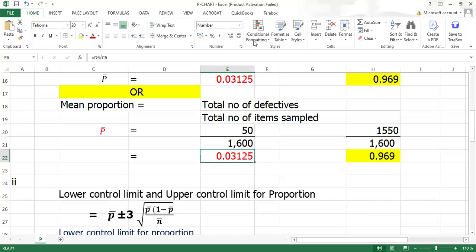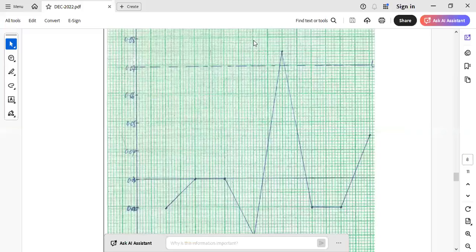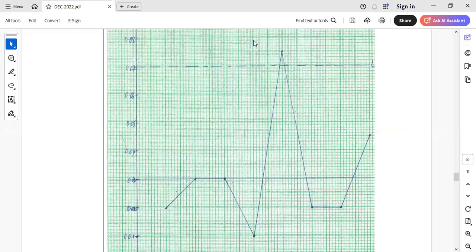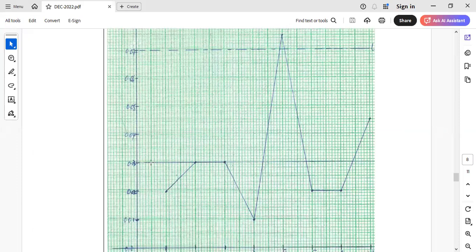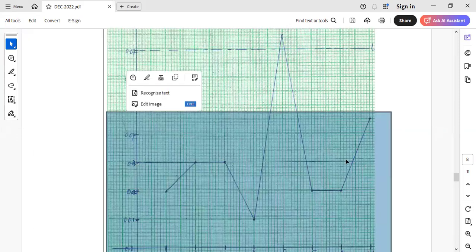So I look for 0.03 on the graph. 0.03 is here. So I also put a dotted line. This is your average. This shows your average.